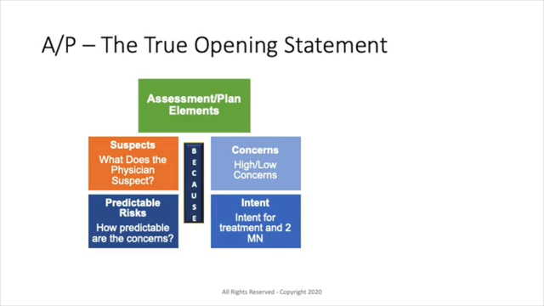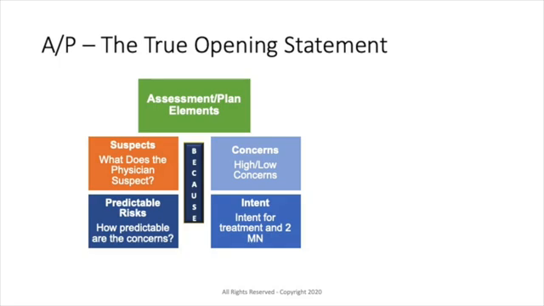Suspects. What does the physician suspect is going on? What is the differential diagnosis? And even with the listing of the differential diagnosis and possibly even the problem list, it should be realistic. There should be something going on in order to include that diagnosis in what you suspect is going on or the differential diagnosis.